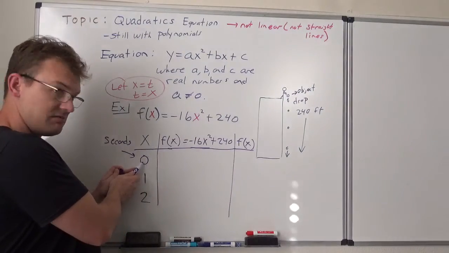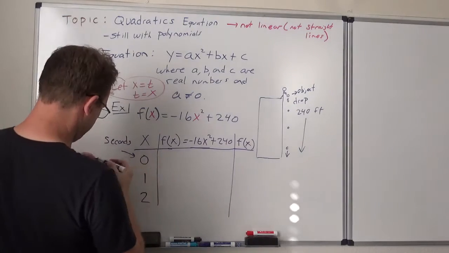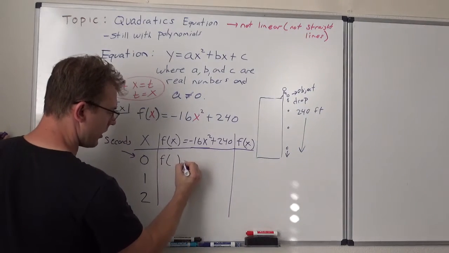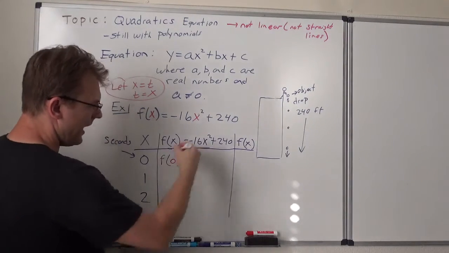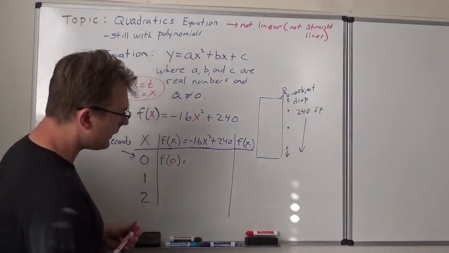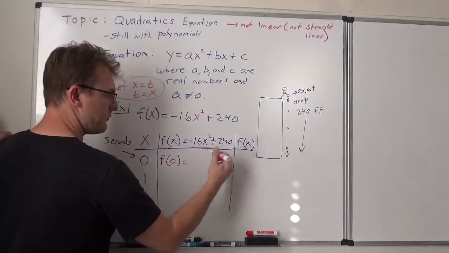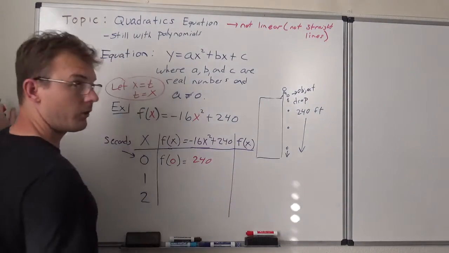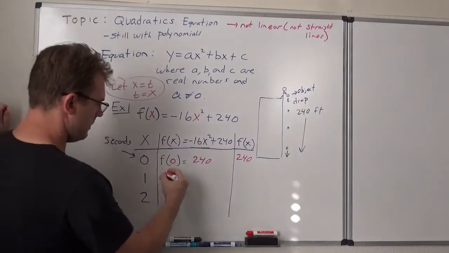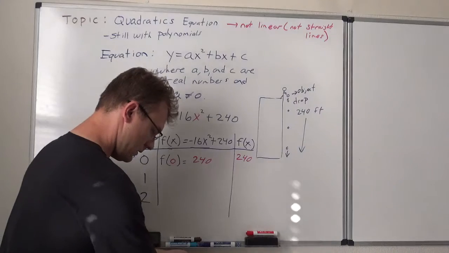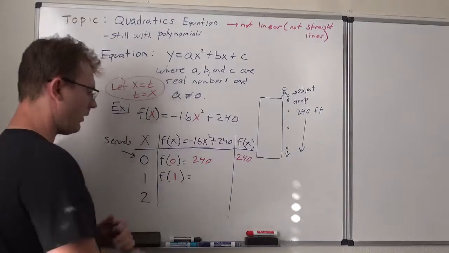So I'm just going to take 0 and replace it for x. F of 0. You're going to put 0. And we can do the math in here, but I would really like us to just do this fast. So if I put 0 into my equation, wouldn't I get 240? So 240. What if I put 1? F of 1.